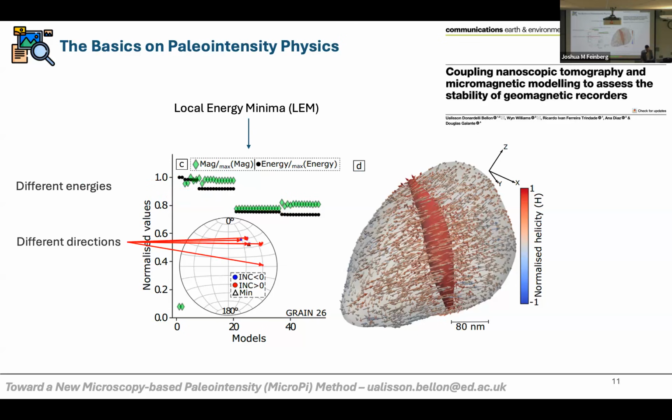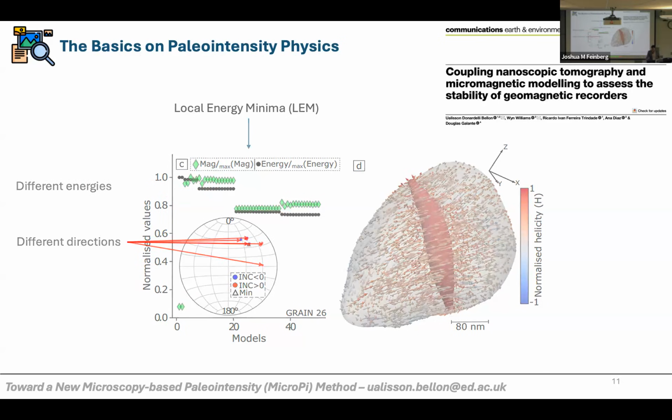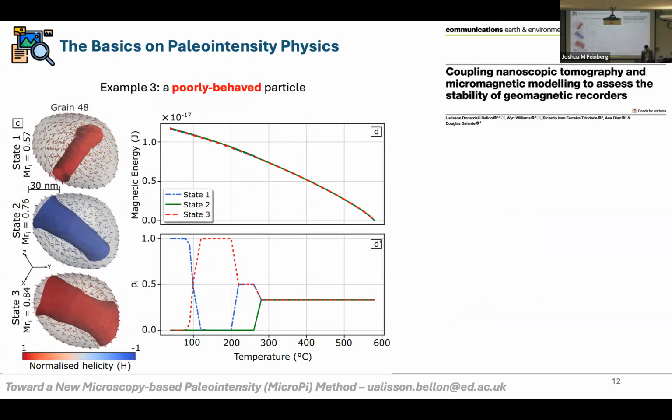And the problem is, at one specific temperature, we can get that reasonably well if we get a Boltzmann distribution and calculate the probability of one state appearing. But the problem is, for many of the vortex state particles, we can have domains.